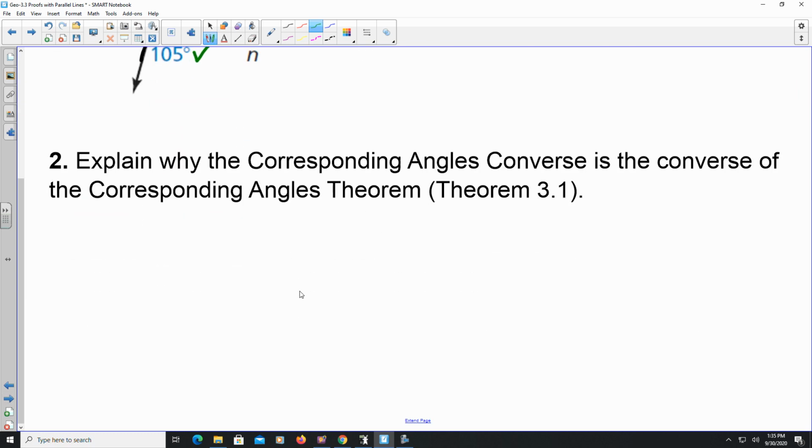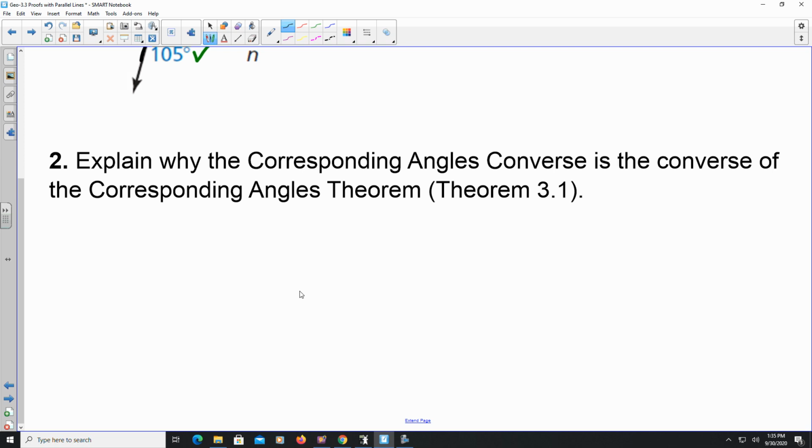In this particular one, they want us to explain why the corresponding angles converse is the converse of the corresponding angles theorem. Here it says, if two parallel lines are cut by a transversal, then the pairs of corresponding angles are congruent.